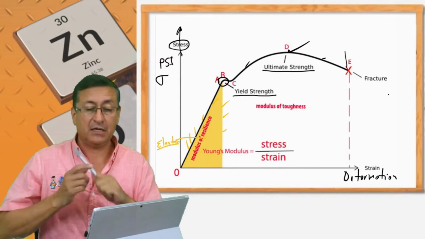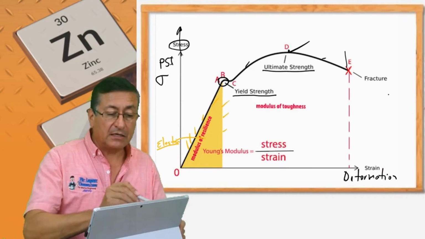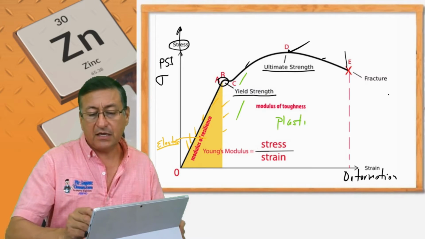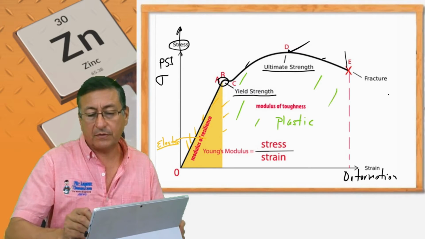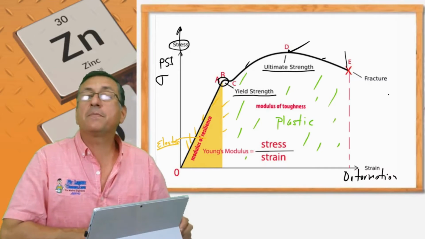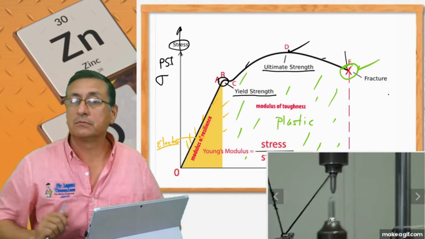It's elastic. After this point, the deformation is plastic. The deformation after that here is a plastic deformation. At this point is the break point. It's the point when the metal is fractured.